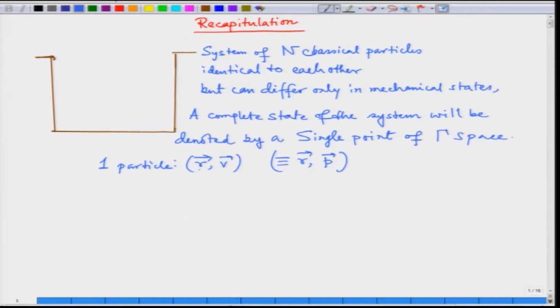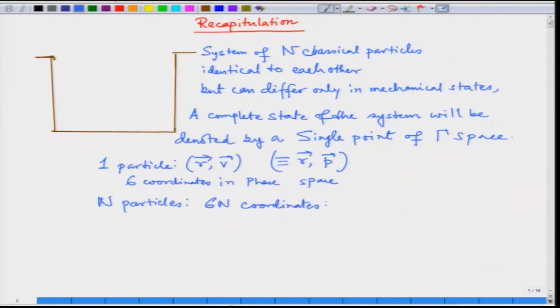These are the designating coordinates: 3 coordinates for r because of 3D space, and the corresponding 3 velocity coordinates for the particle. So, one particle gives 6 coordinates in phase space. Then for capital N particles you will have 6N coordinates.